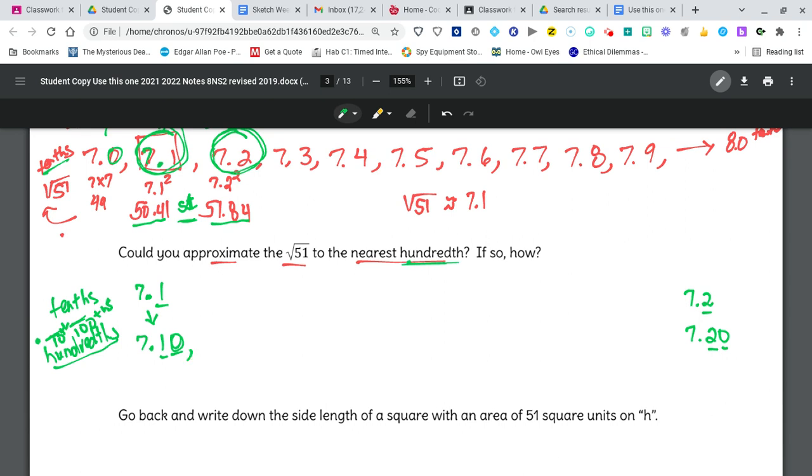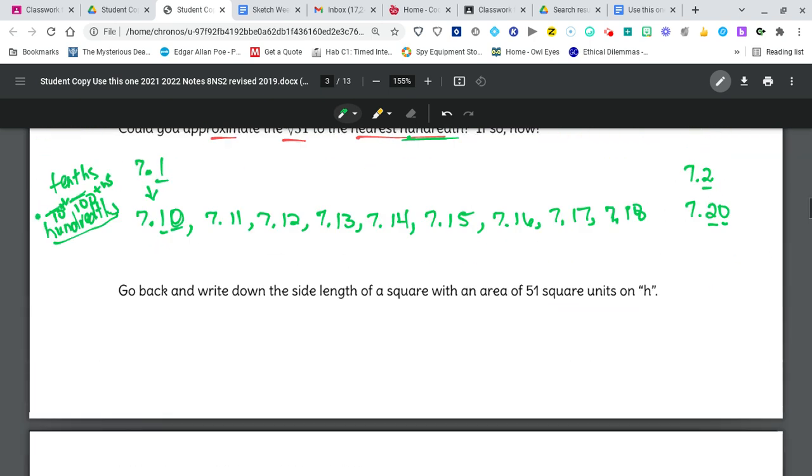Now think about all the hundredths in between 7.10 and 7.20. 7.11, 7 and 12 hundredths, 7 and 13 hundredths, 7 and 14 hundredths, 7 and 15 hundredths, 7 and 16 hundredths, 7 and 17 hundredths, 7 and 18 hundredths.